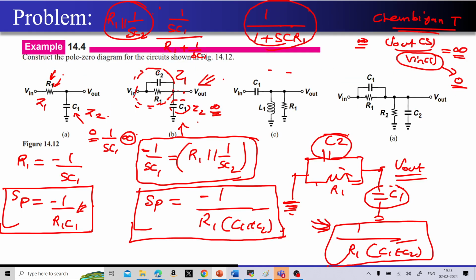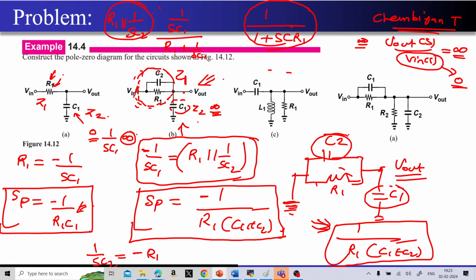Now what we wanted to check is whether the Z1 from here can become infinity or not. And when can that happen? If 1 upon SC2 becomes minus of R1. When this condition is enforced, then the parallel combination of C2 and R1 will just become open circuited.